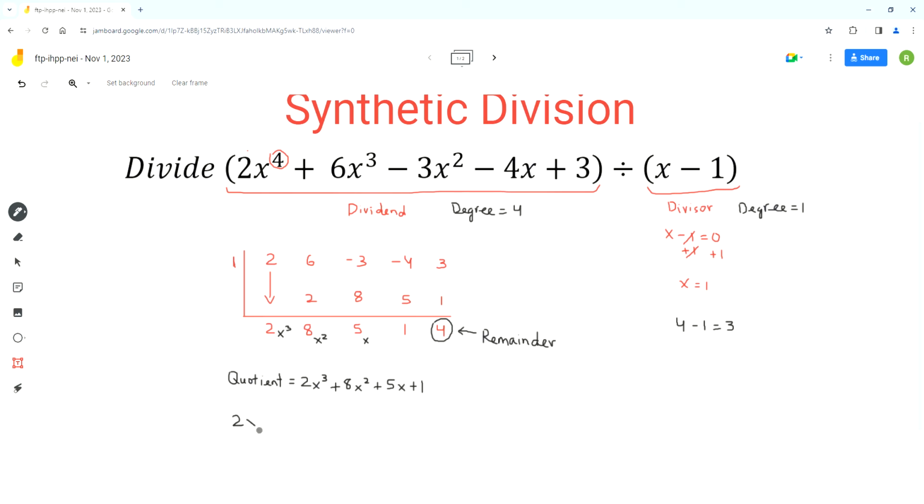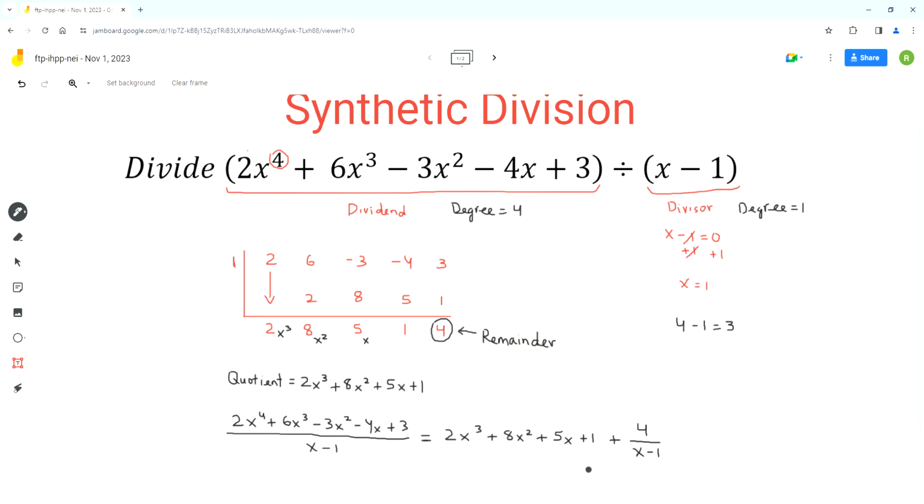Our dividend is 2x to the power 4 plus 6x cubed minus 3x squared minus 4x plus 3 over the divisor, which is x minus 1, equals, so we write the quotient, which is 2x cubed plus 8x squared plus 5x plus 1, and then to that we add the remainder divided by the divisor, which is x minus 1.